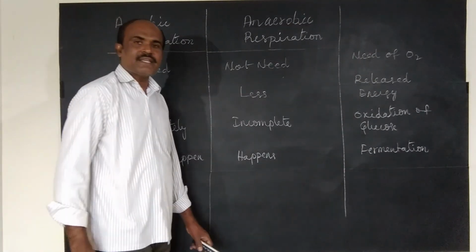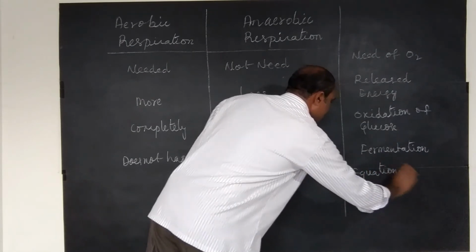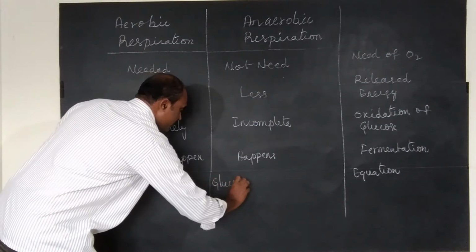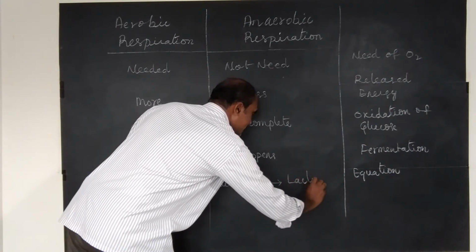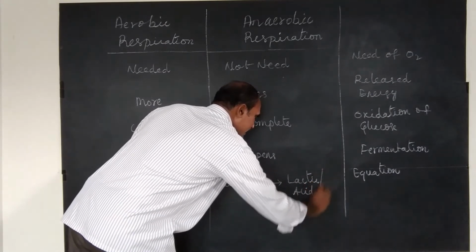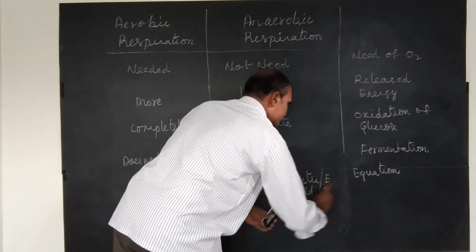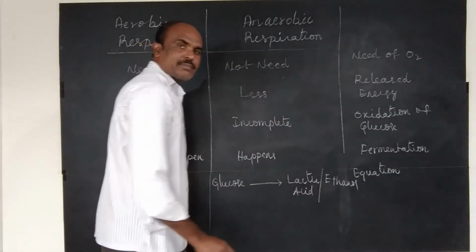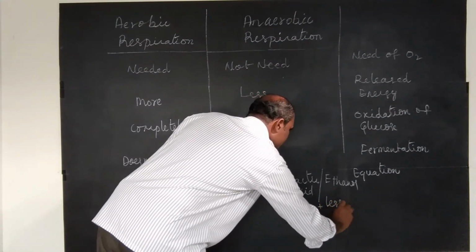Now let us write the equation, very important one. See here, glucose is broken down into either lactic acid or ethanol, and in this process there is release of carbon dioxide and less energy.